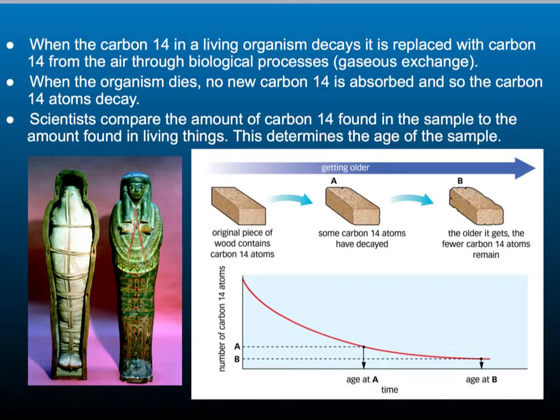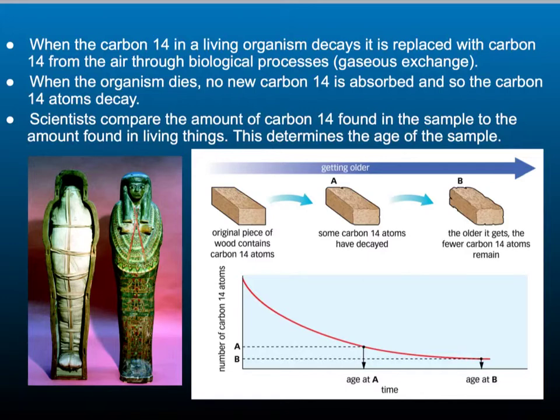When an organism is living, it continuously absorbs more carbon-14 through biological processes such as gaseous exchange. However, when the organism dies, no new carbon-14 is absorbed, and so, as the carbon-14 atoms decay, the amount found in the material drops. The amount of carbon-14 in the sample is compared to the amount found in living things to determine the age of the sample.